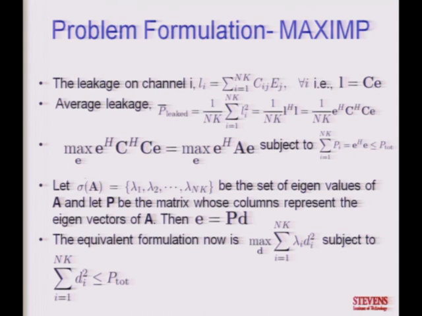Just rewriting this in terms of the eigenvalues, it changes this problem into something like this: maximize summation lambda_i d_i squared, where lambda are the eigenvalues of this matrix, subject to summation d_i squared less than this. This is just, I'm formalizing what we mentioned in the previous slide.